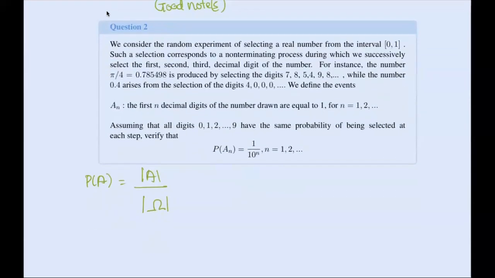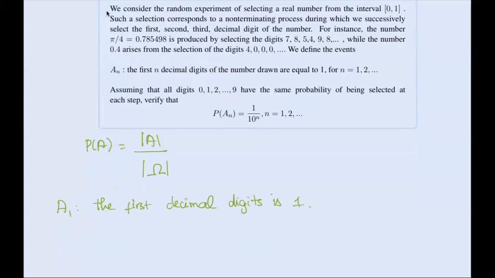Okay, let's look at this. This is a bit generalized when you are talking about A_n. So I think we should start with something specific so that it is easier to understand. For example, A1 means that the first decimal digit is 1. So if we think about it, what is the probability that the first decimal digit is 1?